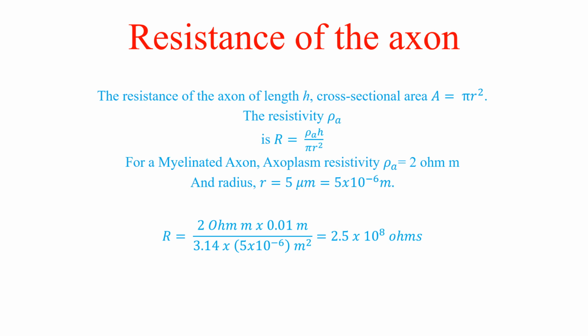Now, as we mentioned before, there are two types of axon. One is called myelinated and the other is called unmyelinated axon.